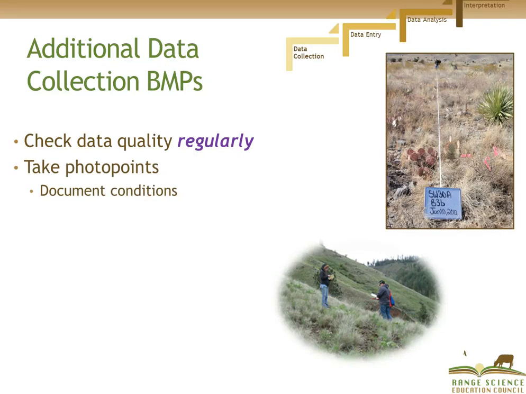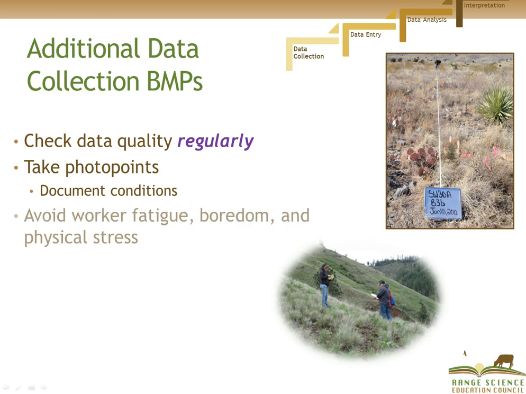Another thing that we can do is to take photo points. First, this helps us with photo monitoring and documenting the conditions, but it also allows us to do a reality check when we get back to the lab and we're entering data in the computer and doing analysis. We can look at these photographs and know that the data that are on the data sheet associated with this particular transect, what the conditions looked like.